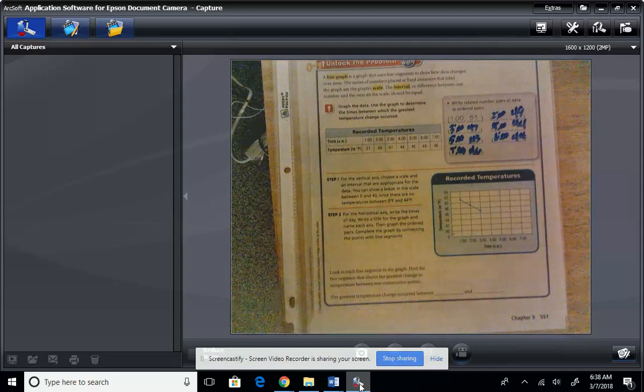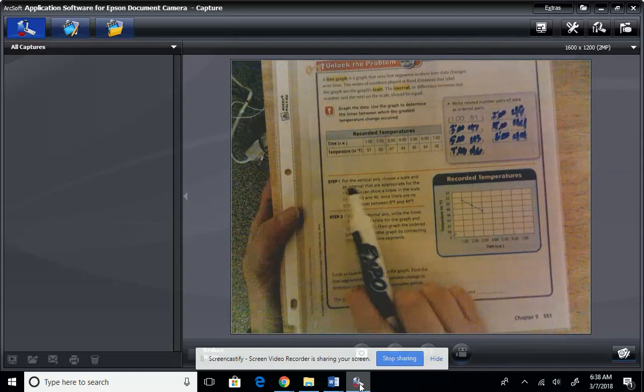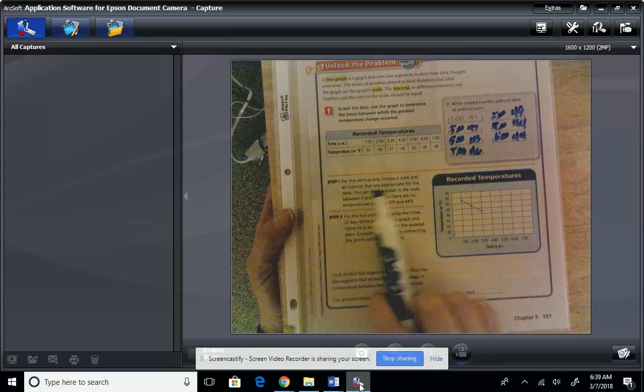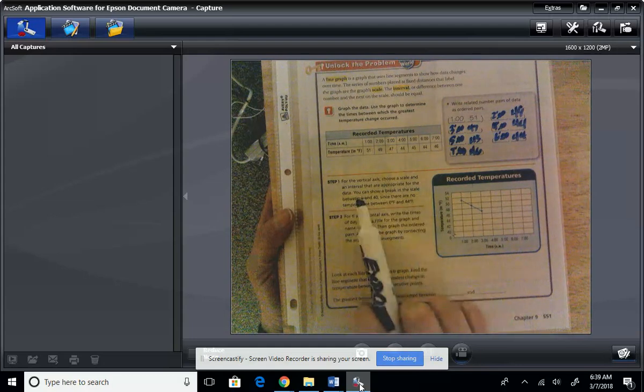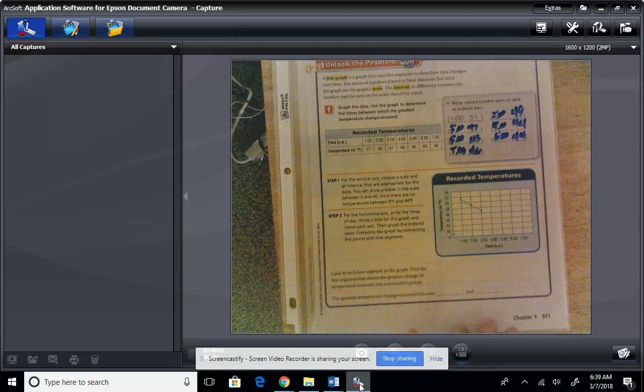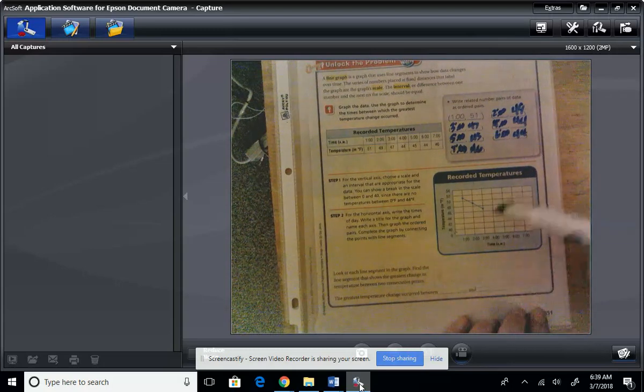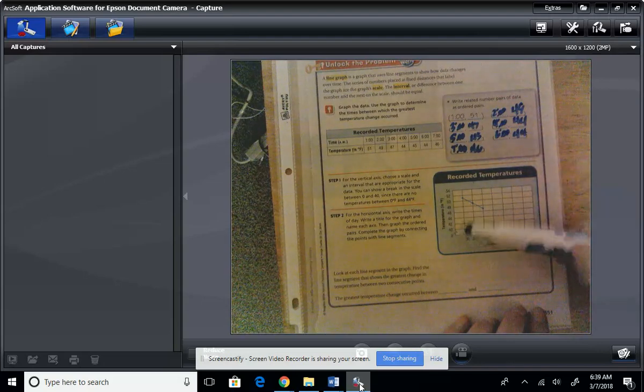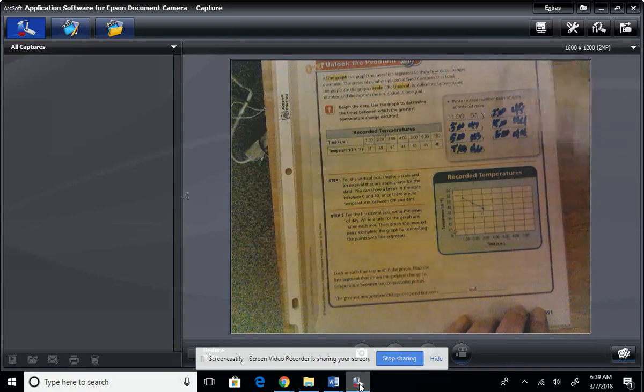Okay, for the vertical axis, choose a scale and an interval that are appropriate for the data. What they're telling you to do is, when you make your graph, if I look at my numbers here, I'm not going to start at 0 and go by 5s, because how long will my graph be? It will be huge.